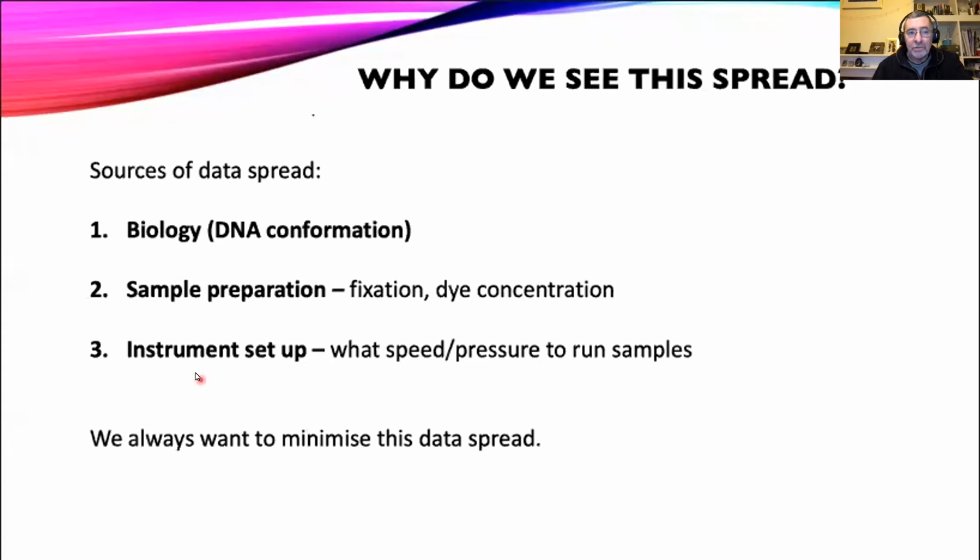And we can also introduce variation by our instrument setup. Again, we've seen in one of our earlier webinars the difference that we get when we press low or medium or high pressure. And we'll look at that today practically. We know these are all going to cause issues, so we're always going to try to minimize this data spread.